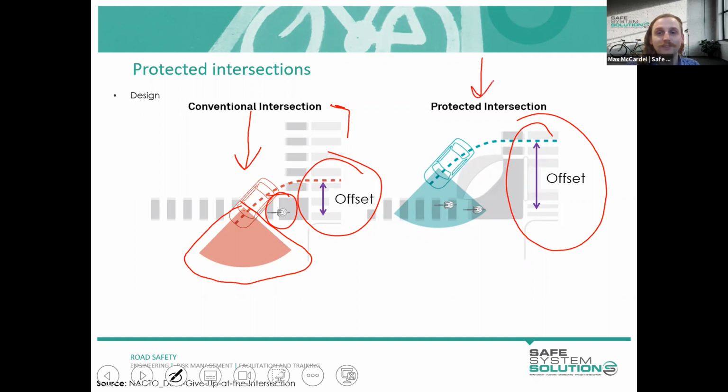If we compare that to our protected intersections, our field of vision is the same magnitude, so it's not as if we're saying that we've got a much wider expanse of line of sight or anything like that. It's more got to do with the offset has brought vehicles back, and cyclists are now crossing much more in front of them. So it's within their windscreen. So it's right in front of them. Makes things much clearer.